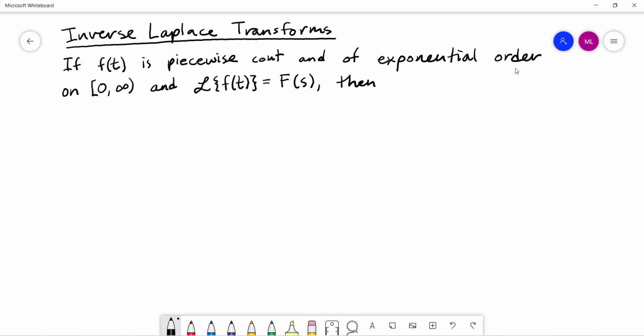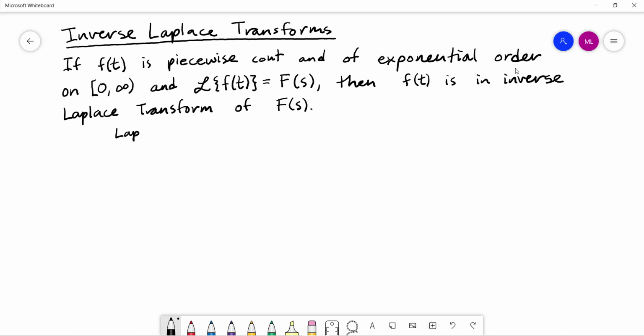Then what we want to say is that our lowercase f of t is the inverse Laplace transform of the capital F of s. So basically the argument is, if we apply the Laplace transform to f of t, we get capital F of s.